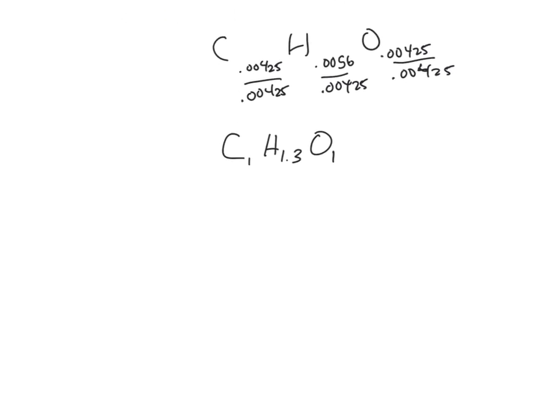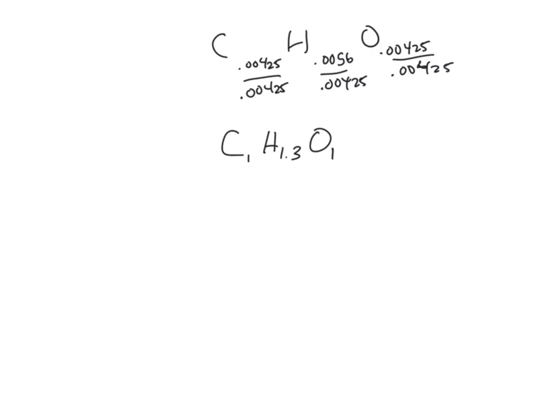All right, you could argue that's the empirical formula, but you really want whole numbers for it. So you're going to multiply times whole numbers, integers, to see how close you can get to a set of integer values.